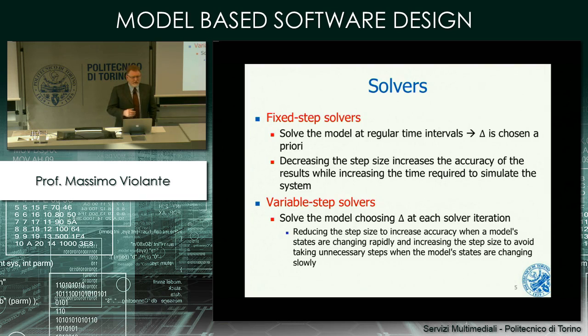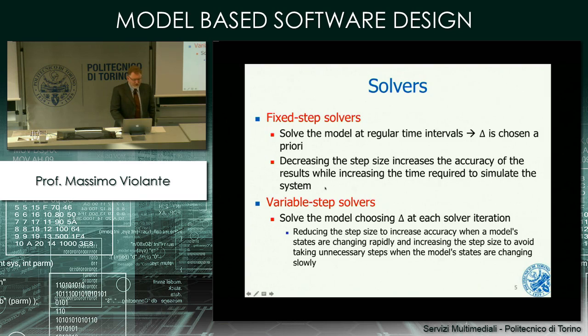At the same time, the shorter the delta, the higher will be the computing time, because for every delta, your model will be solved. This means that you run the algorithm that takes the input, takes the state, generates the output, updates the state. Okay?